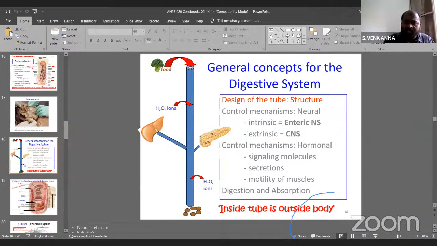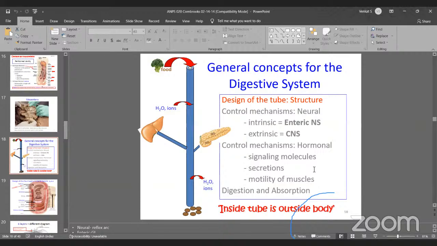The digestive system has a tube structure, and the control mechanism is neural, through the CNS, the central nervous system, commanding and signaling pathways. The hormonal control mechanism involves signaling molecules, secretion, motility of muscles, digestion, and absorption.